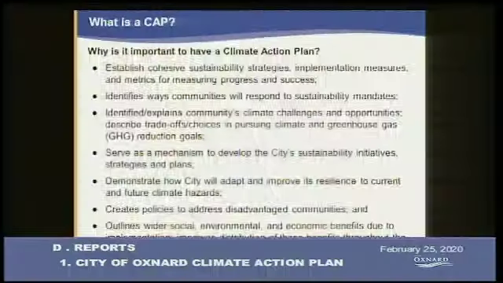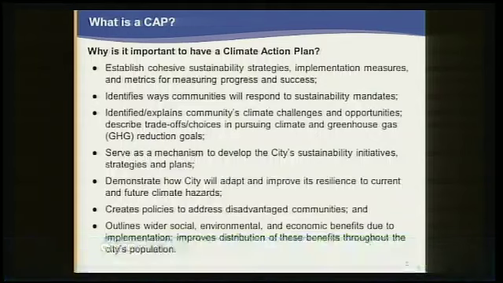The common question, what is a climate action plan? The climate action plan establishes sustainability goals and measures and metrics for how the city can meet those sustainability mandates. Many of them are specified in state law and require updates and studies to help demonstrate how you'll meet those greenhouse gas reduction measures, for example.